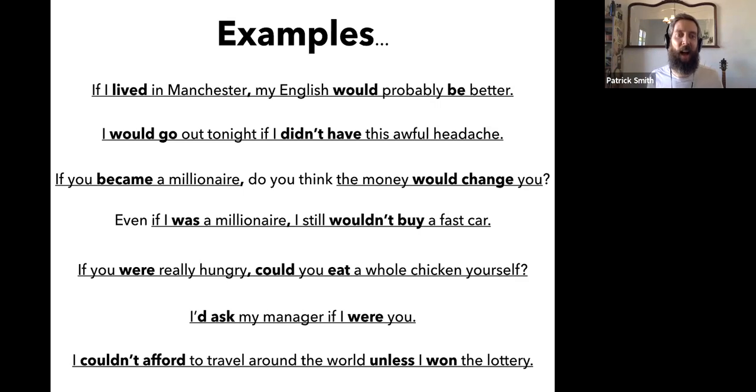So, I couldn't afford to travel around the world unless I won the lottery. It's the same as saying if I didn't win the lottery. So the only possibility for me to travel around the world would be winning the lottery. I couldn't afford to travel around the world unless I won the lottery.